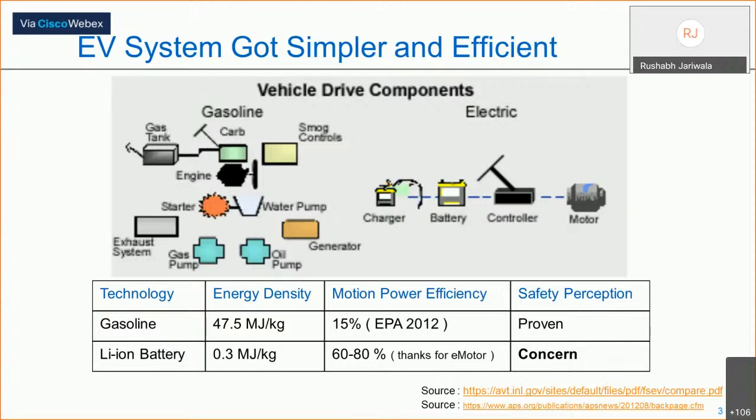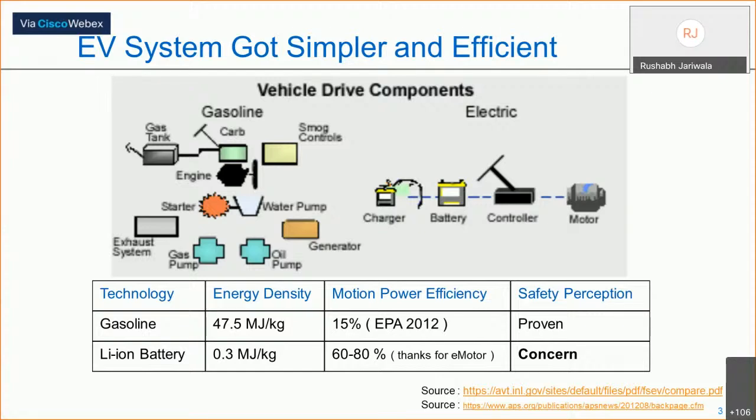Okay. But from a safety point of view, it is by now proven. We never have any reservations or doubt that something can go wrong with our petrol or diesel car, because we now know how to handle it, and it is trusted.